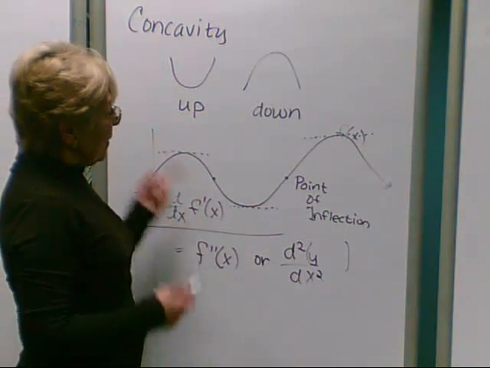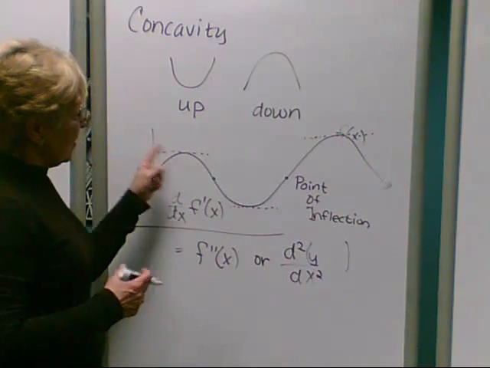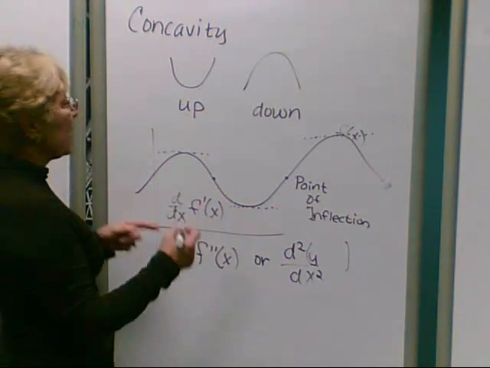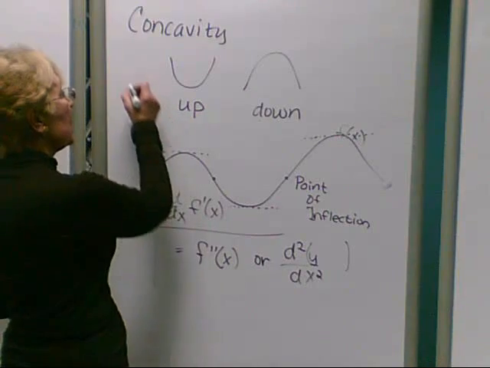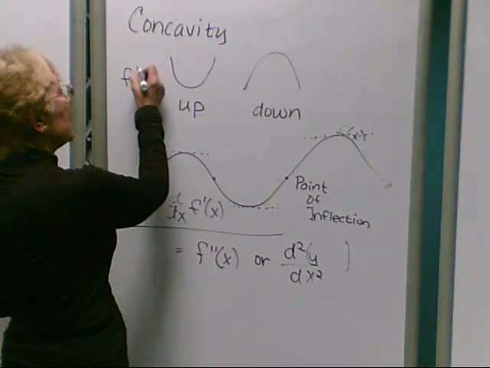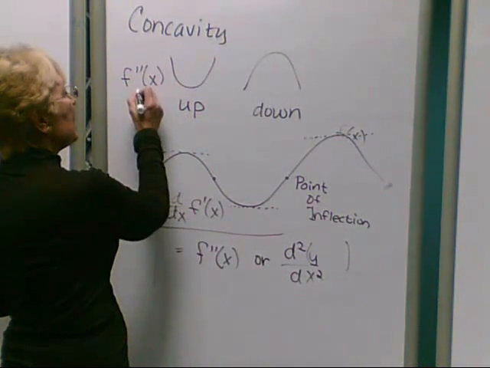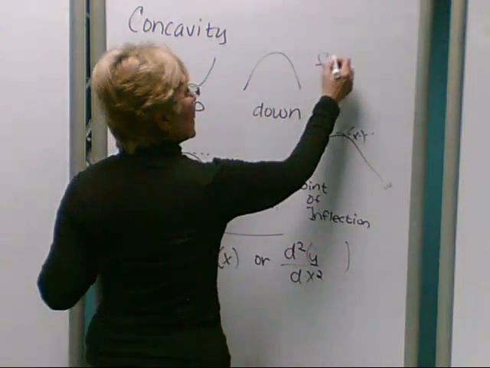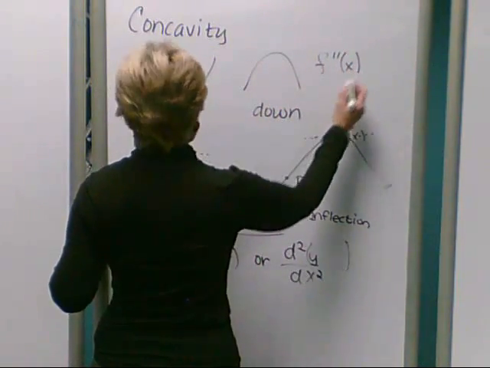Notice that this behavior is linked with signs on the second derivative. So for concave up, the second derivative is going to be positive. For concave down, the second derivative is going to be negative.